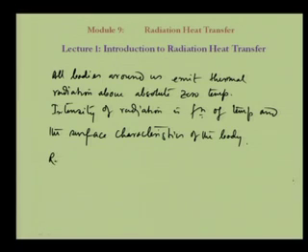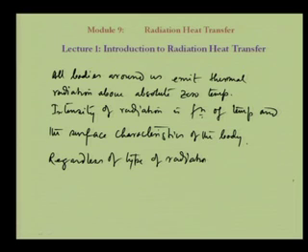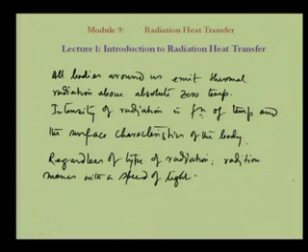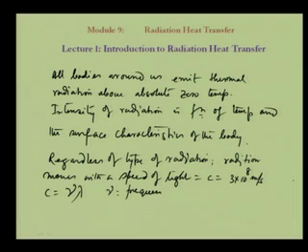Regardless of the type of radiation, we can say that radiation moves with the speed of light, c equals 3 into 10 to the power 8 meter per second, and c is again given as nu into lambda, where nu is called the frequency and lambda is called the wavelength.